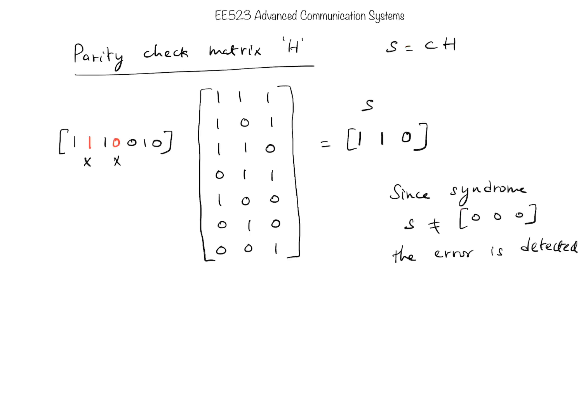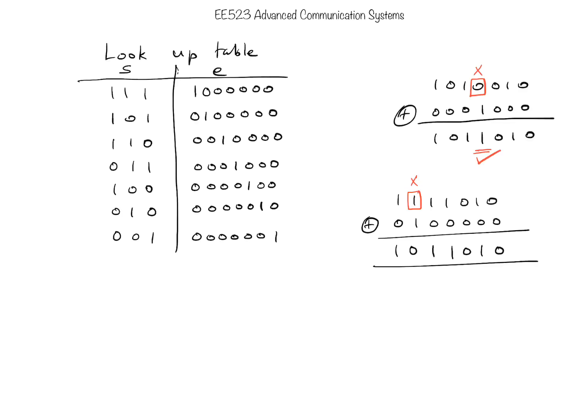the received code word. The received code word we have here is 1111010. That's our received code word, which has an error in the second position and in the fourth position.